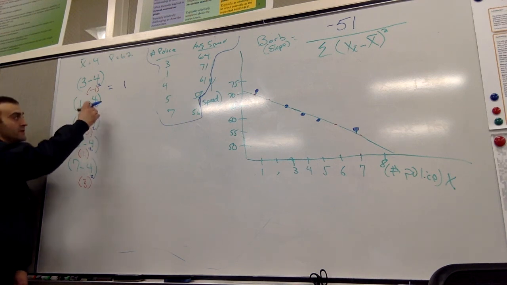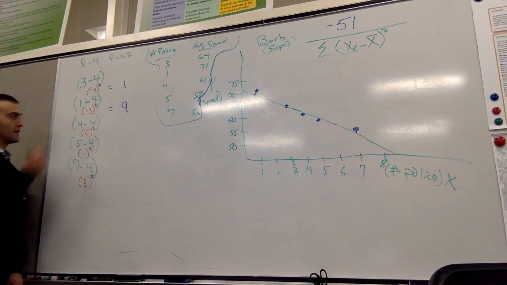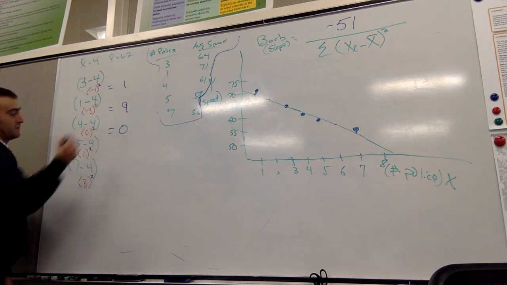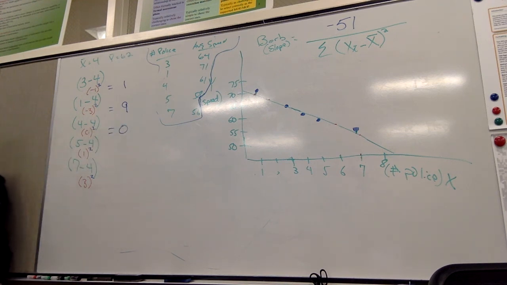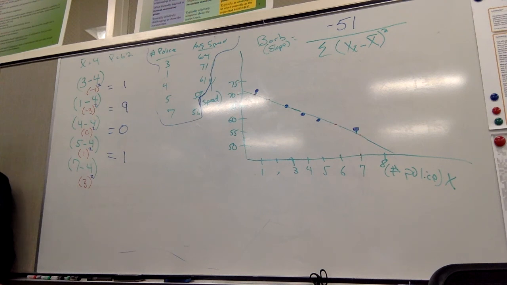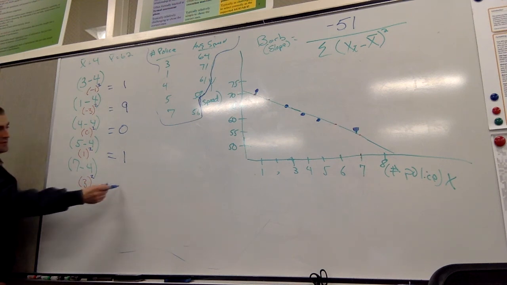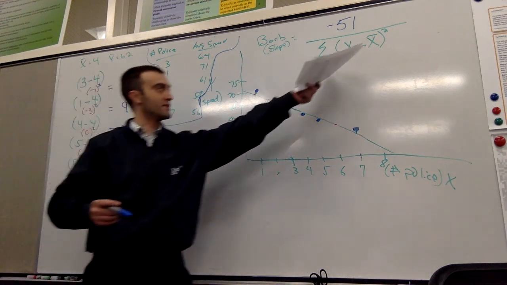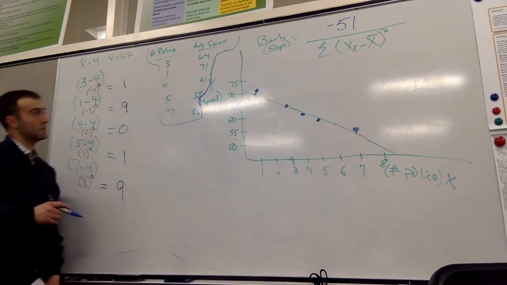You get a negative 3 squared is 9. 4 minus 4 is 0 squared, which is 0. 5 minus 4 is 1, and 1 squared is 1. And 7 minus 4 is 3. 3 squared, or 3 times 3, is 9. And there's your step 5. So we've done what's in parentheses and exponentiated it.